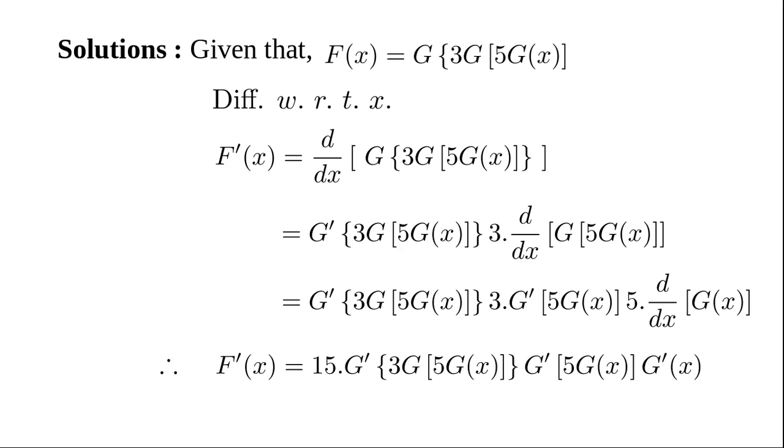So finally f dash of x is 15 times g dash of 3 times g of 5 times g of x into g dash of 5 times g of x into g dash of x.